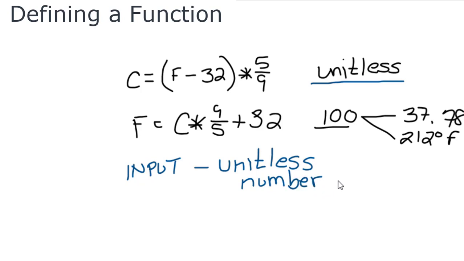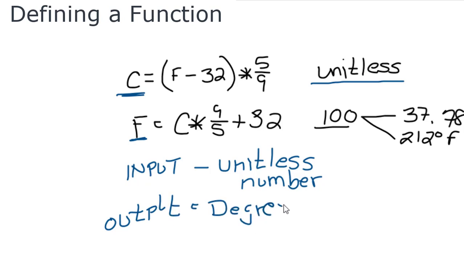My output of this instruction is going to be either degrees C or degrees F. So I'm going to have two outputs: degrees C and degrees F.